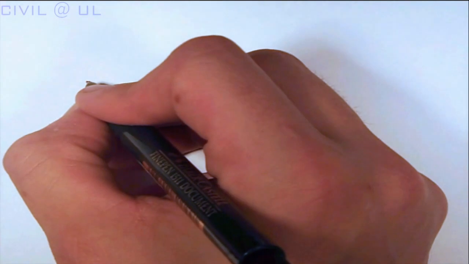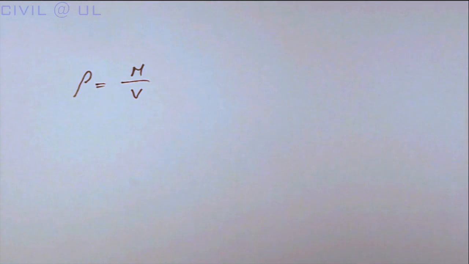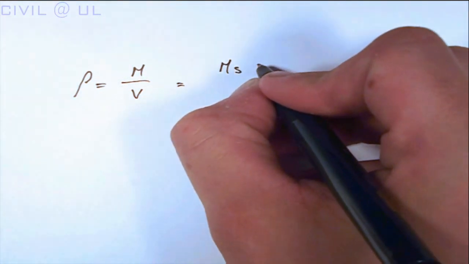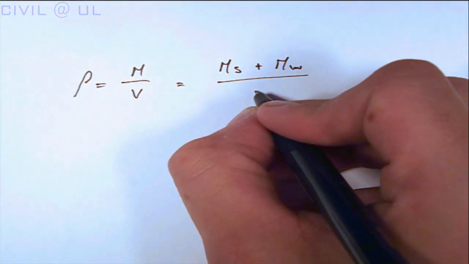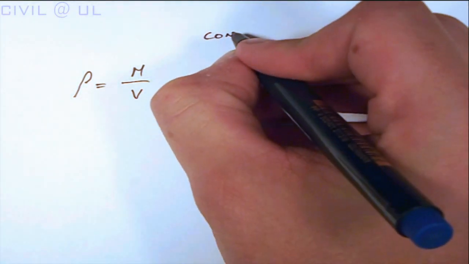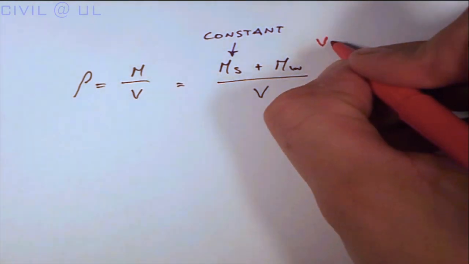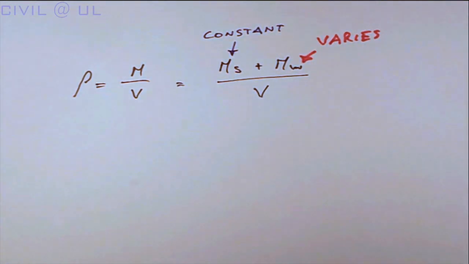We can see from the definition of bulk density that the mass component can be divided into two parts, the mass of solids and the mass of water. Then, for a given volume of soil, the mass of solids remains constant, whereas the mass of water can vary on any given day depending on the weather.